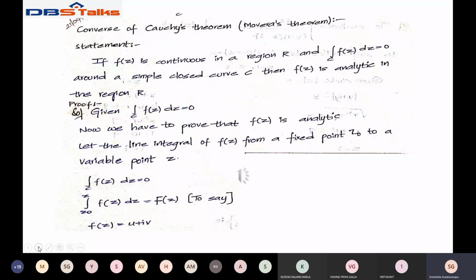f of z is analytic means we have to prove that it satisfies the Cauchy-Riemann equations. Let the line integral of f of z be taken from a fixed point z0 to a variable point z, given integral over C f of z dz equal to 0. Then we apply the upper limit and lower limit.